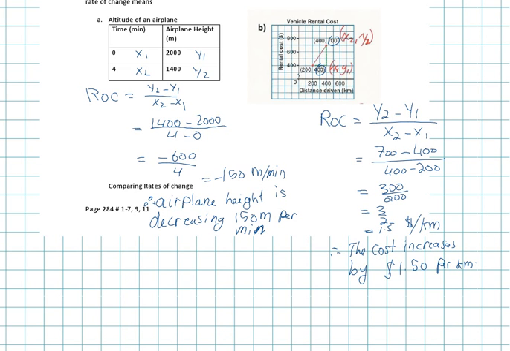So for the next part, we're going to be comparing rate of change. You're going to see 2 tables of values or 2 graphs, and then you're going to compare how the rate of change is different in each table. Let's look at the scenario here.